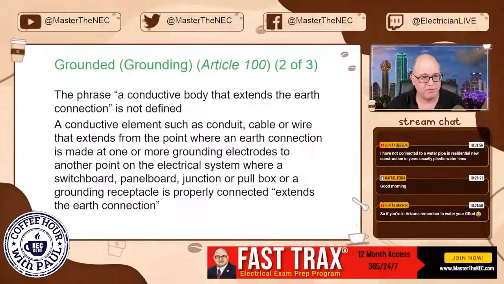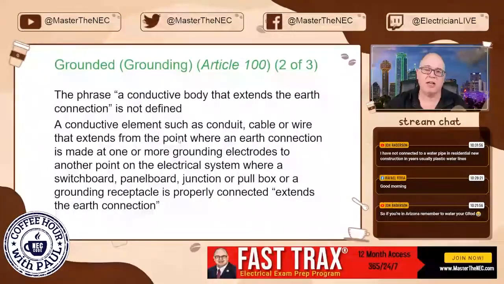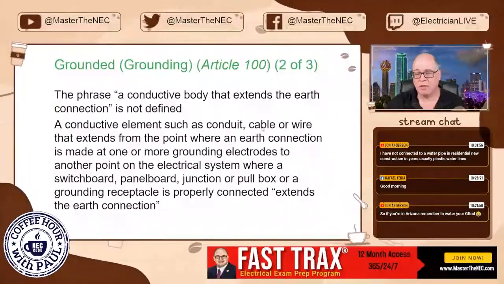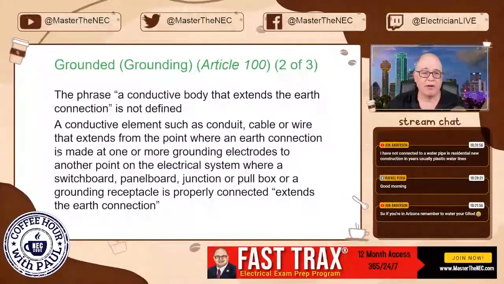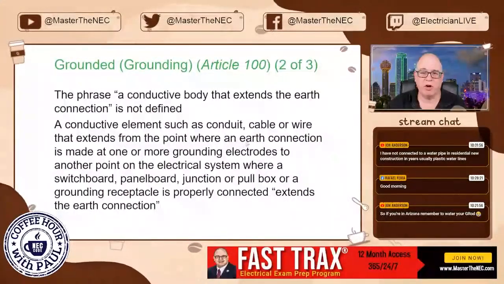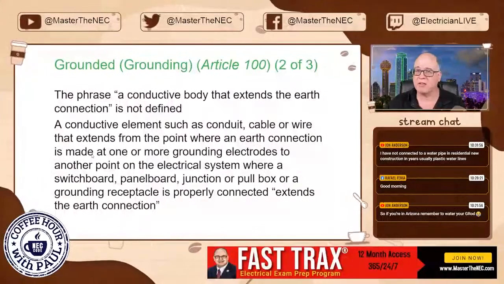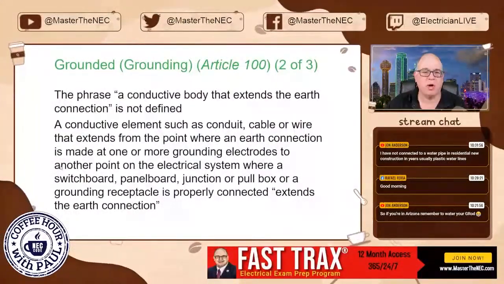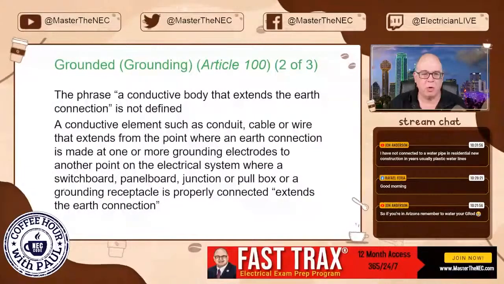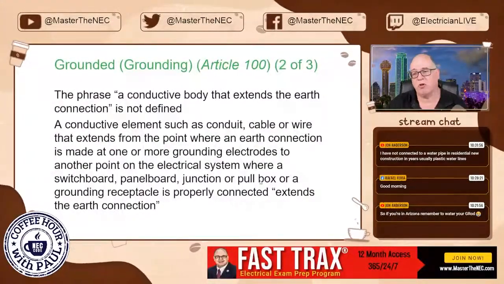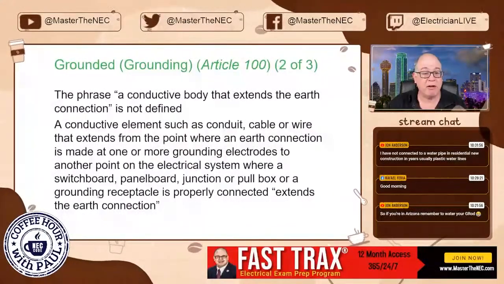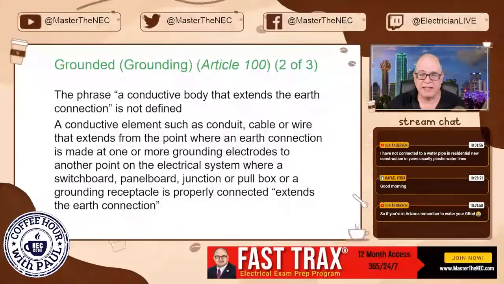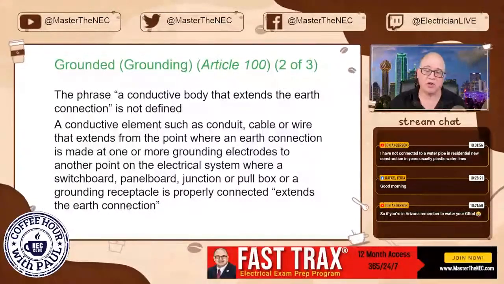That's not defined. Well, a conductive element such as conduit, EMT tubing, cable, or wire that extends from the point where the earth connection is made, let's say back at the service, at one point or more grounding electrodes, to another point on the electrical system where the switchboard, panelboard, junction or pull box, or a grounding type receptacle is properly connected, actually extends that earth connection.